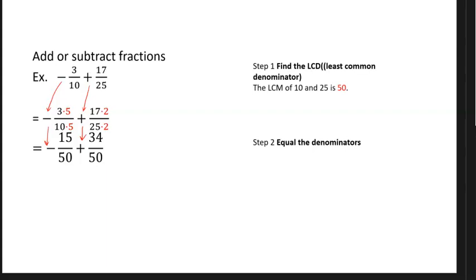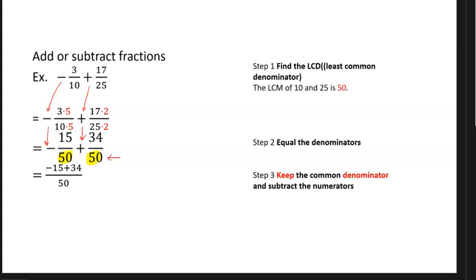Okay, so now we're going to apply the rule. We keep the same denominator, 50 and 50, so that will stay the same. But we're going to add the numerators. This minus sign only goes with the top or the bottom. Usually we like to keep the bottom positive, so the bottom would be both positive, because if one of them is negative and the other is positive, they don't match.